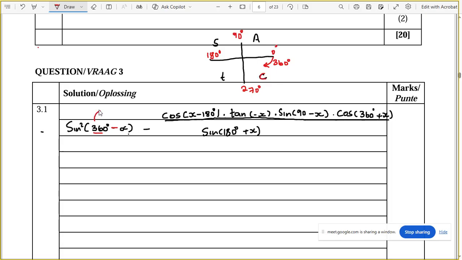So sine is negative in that quadrant 4, and this will change into the sine of x, but remember, sine is negative. We still have the squared, so everything should be squared because of that square. I hope you guys understand how we did that reduction.